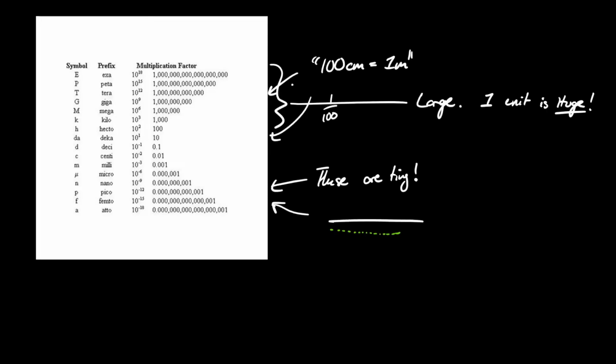Okay, so let's say this is 1 meter and these little green guys are femtometers. Your conversion factors should look either like there's a ton of the little guys, 10 to the 15th femtometers in 1 meter, or 1 femtometer, which is again very tiny, is only a tiny fraction, 10 to the negative 15th, 0.000 blah blah blah 1, of the 1 meter.